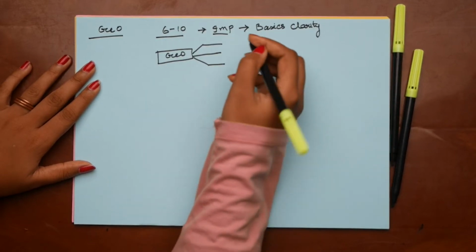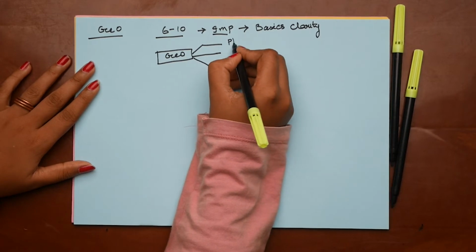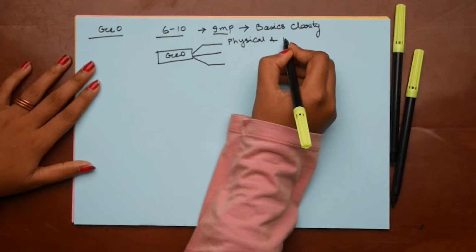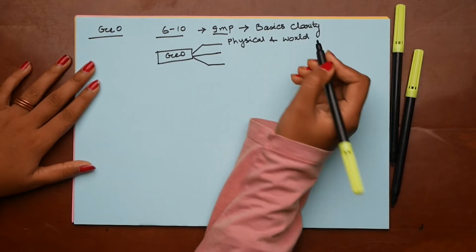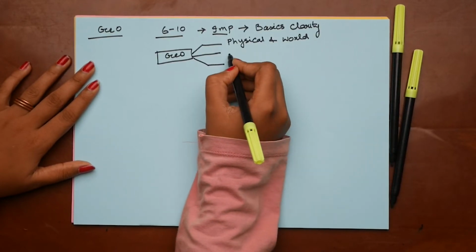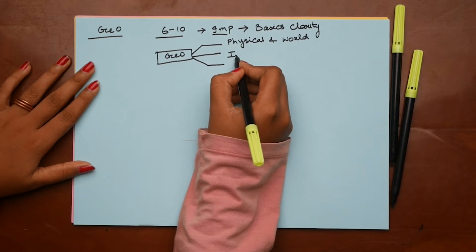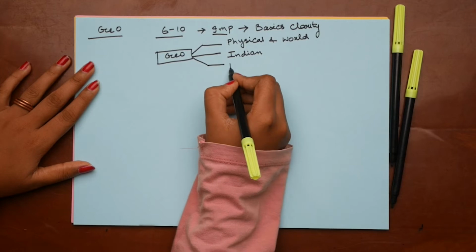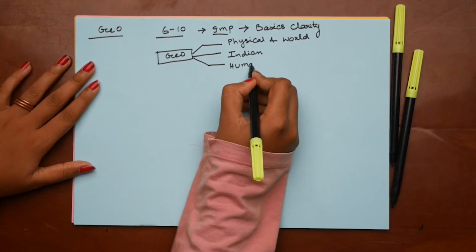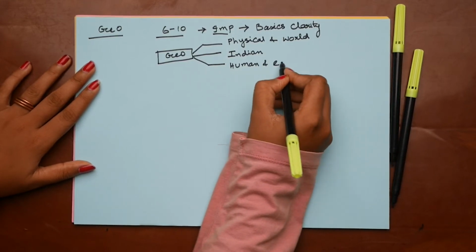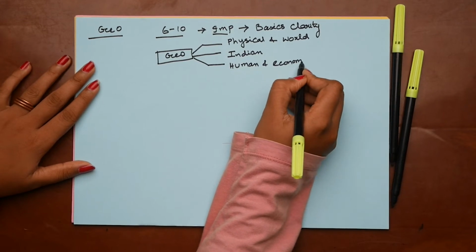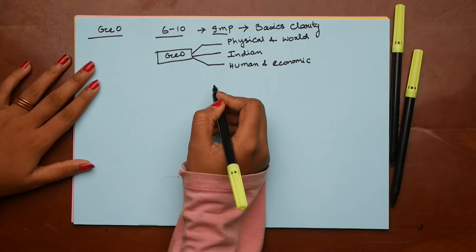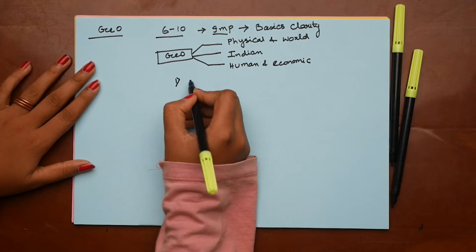What are those? Number 1, physical and world geography. Next is your Indian geography. And the last one is your human and economic geography. Okay? So what are the books you have to follow?